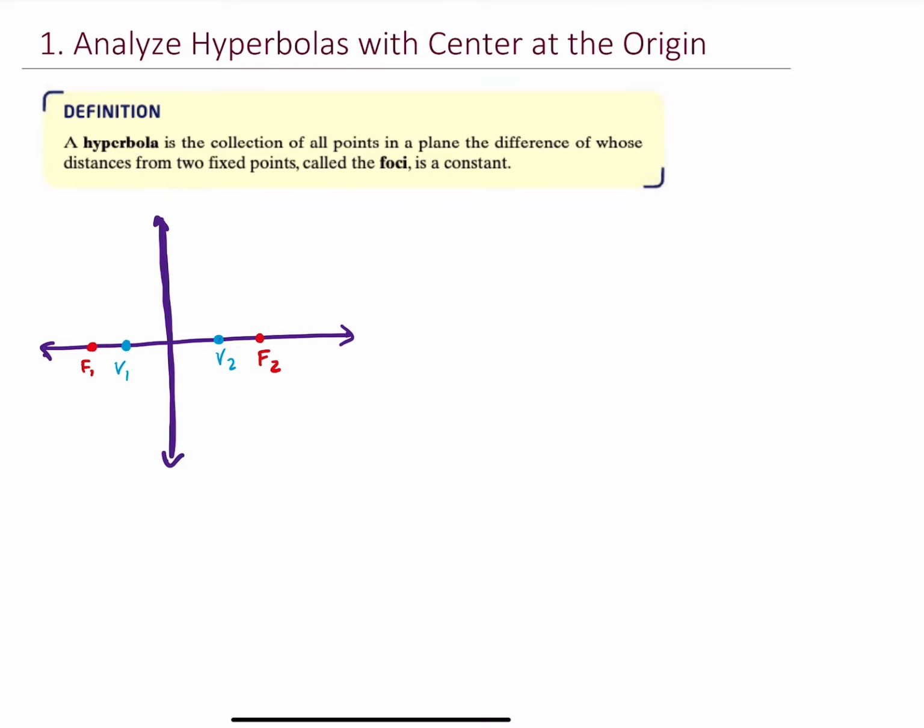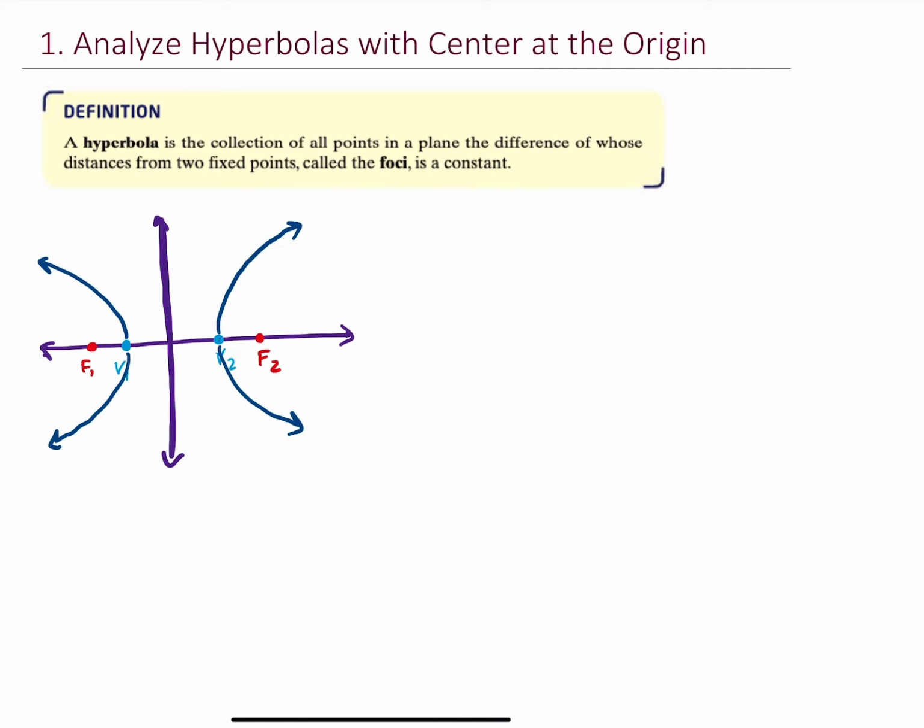And so we'll get two parabola-like shapes opening towards the two focus points. So something like this. And I'm showing this oriented horizontally, where they're opening to the left and to the right. But they could be flipped where they open up and down. So we'll see the difference in the formulas.